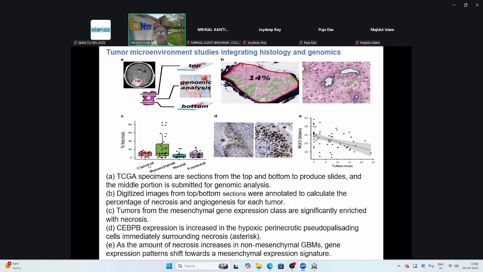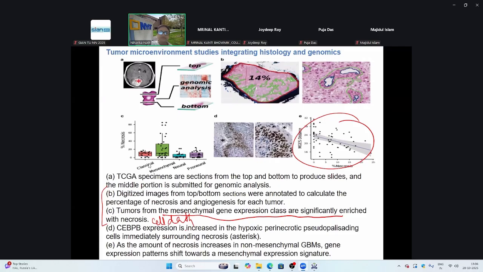So they had genome information, and then they examined these digitized images, and they found that the tumors from the mesenchymal gene expression class, they are combining gene data. Can you imagine? They're still doing it today, combining it, and they found that the tumors are enriched with necrosis. There's cell death in those with mesenchymal genes.